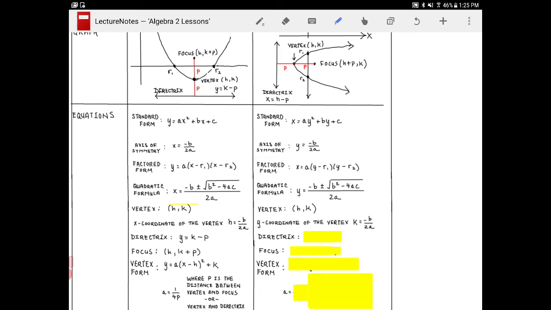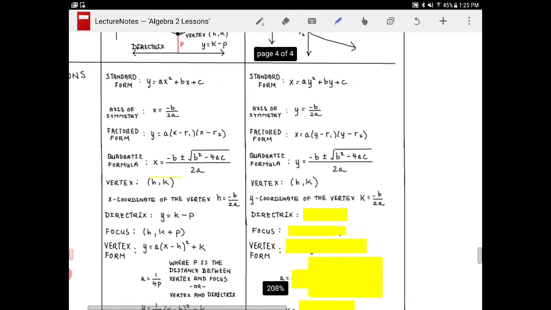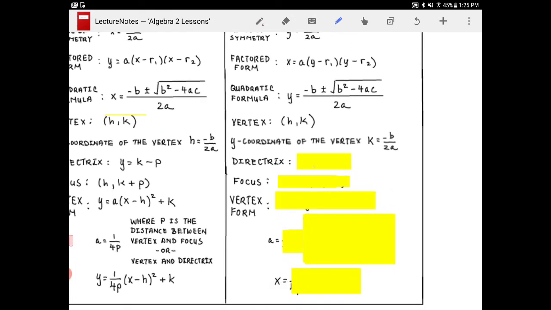The directrix in this case, because the parabola is horizontally oriented, will be a vertical line, and because of that, we're going to have x is equal to h minus p. The focus is going to be horizontally positioned, so it's going to be to the right of the vertex.